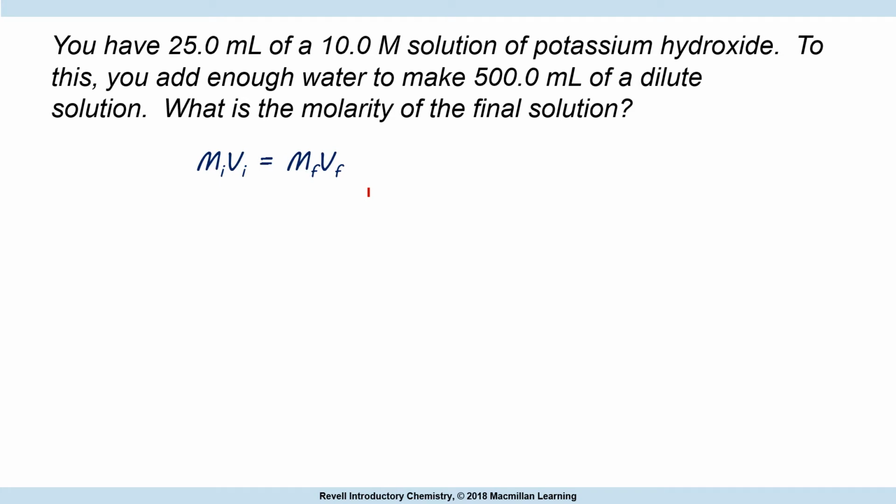The initial molarity times initial volume equals the final molarity times its final volume. So this is the initial molarity, the initial volume, and this is the final molarity and the final volume. You'll note that these are inversely related. We increase one, we're going to decrease the other.